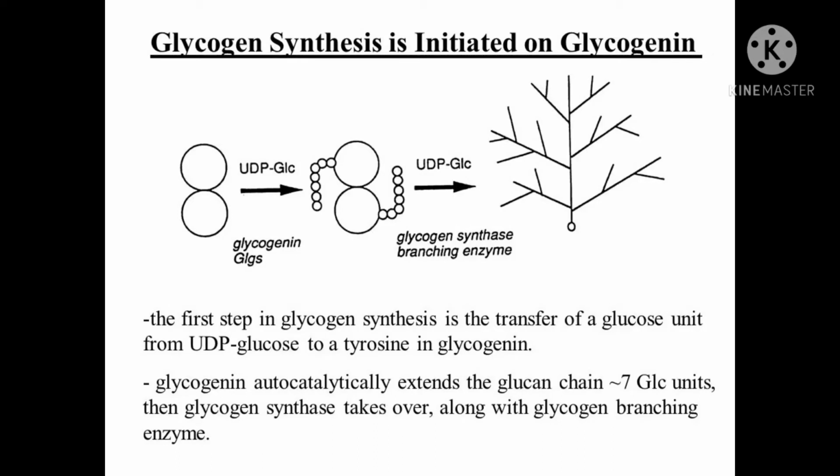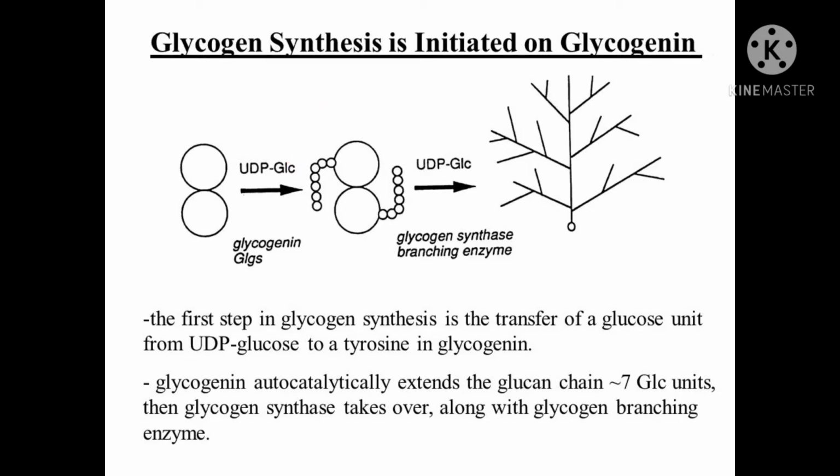This gives a brief idea about how glycogen synthesis is initiated by glycogenin protein. Okay, in the initial stages, or in the first step, this glycogenin autocatalytically transfers glucose units, especially UDP glucose units, to its tyrosine residues.